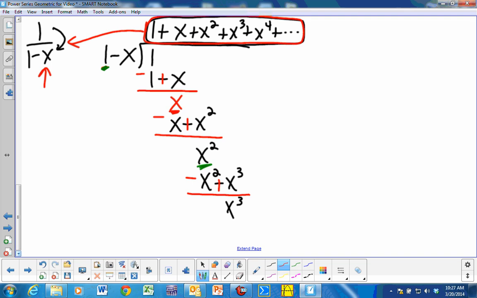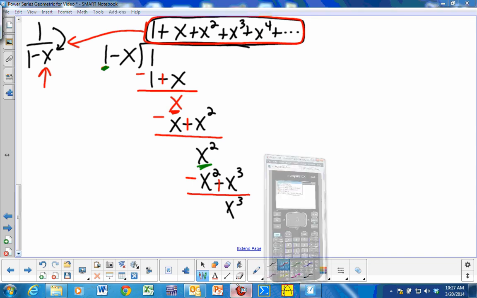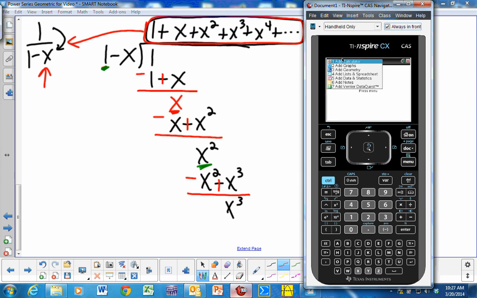So for sure, at least at that spot, there's no way this is equal. So that means there has to be a place where it converges, and it's close, but it's not the same. So let's actually look on the calculator. Let's graph 1 over 1 minus x.